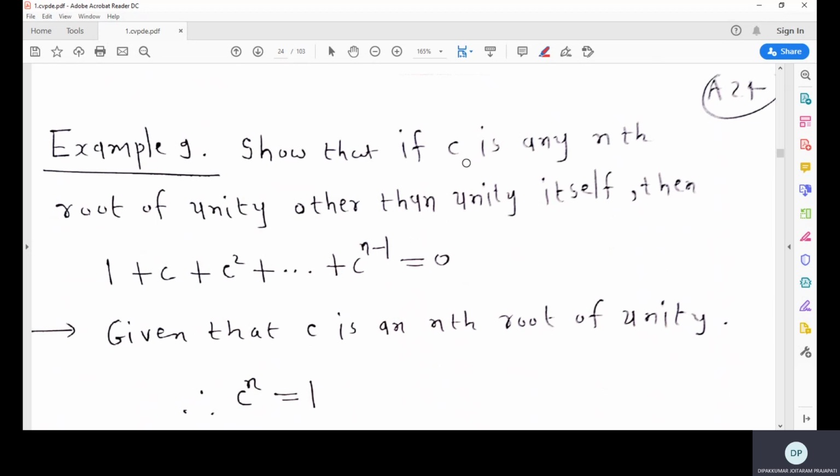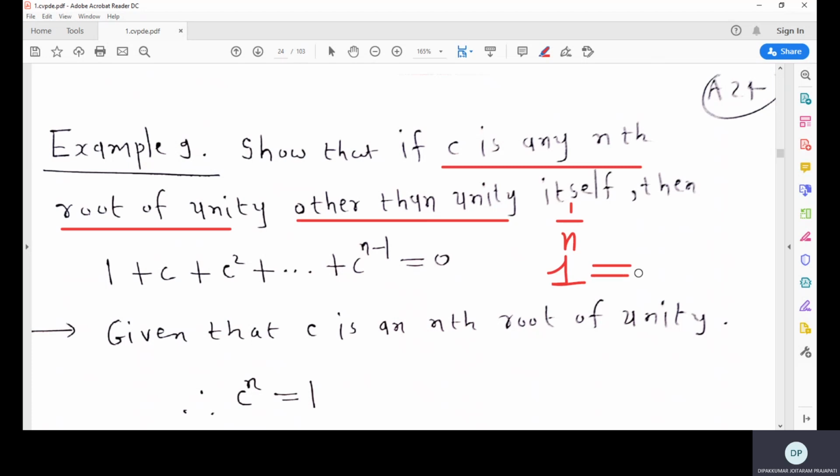Next example. We are given that c is any nth root of unity other than unity. Unity means 1. So what is given? c is an nth root of unity, that is, 1 raised to 1 by n equal to c, and c is not equal to 1.